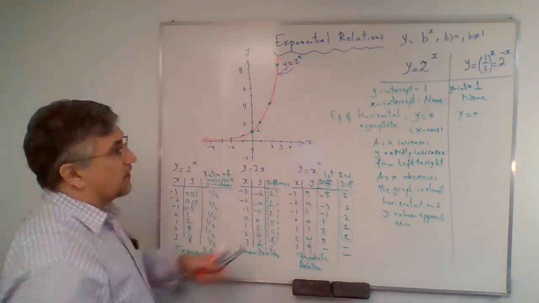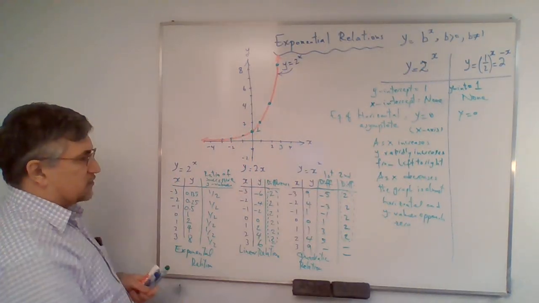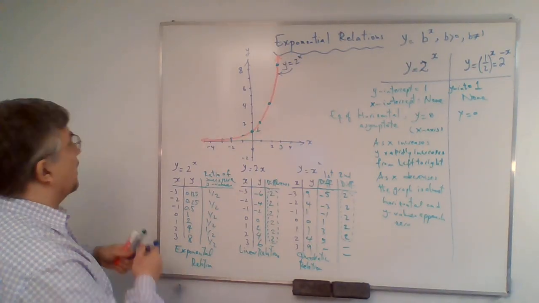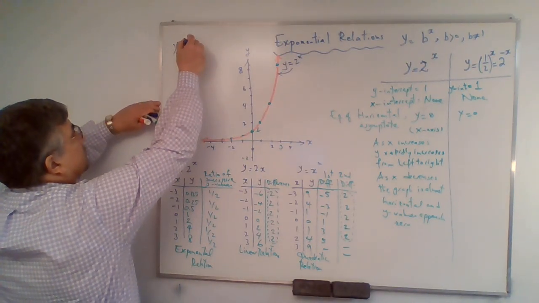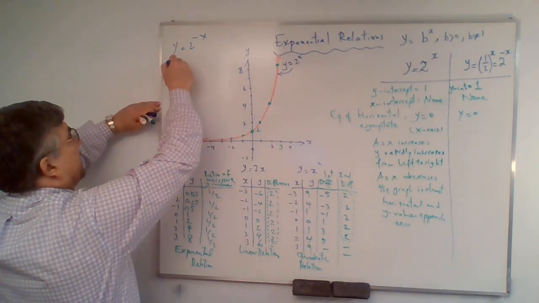Now, for the other exponential relation, 1/2 raised to the exponent of x, I could have constructed a table of values. Let me do it. y equals 2 to the exponent of negative x, which is the same as 1/2 to the power of x.